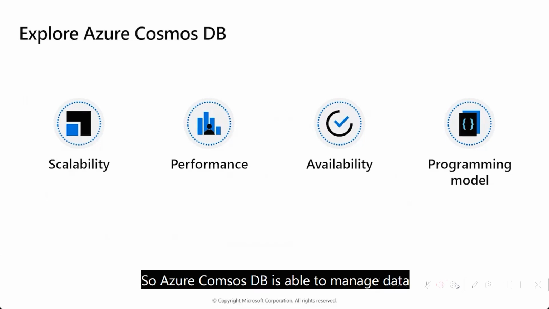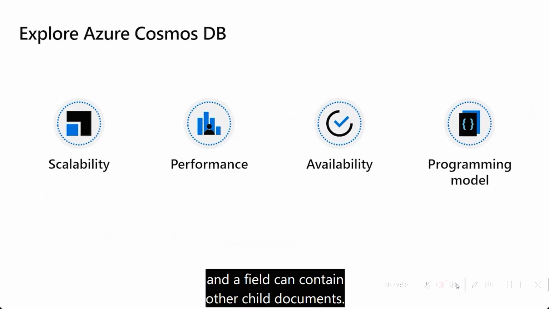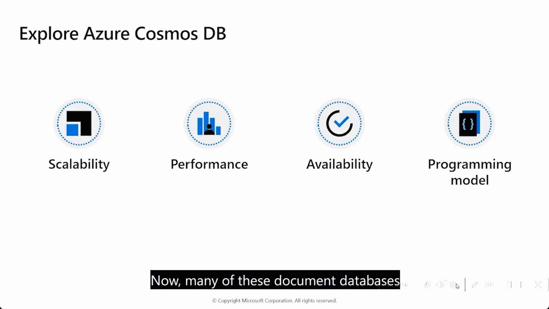Azure Cosmos DB is able to manage data as a partitioned set of documents. Now, a document is a collection of fields, typically identified by a key. The fields in these documents can vary, and a field can contain other child documents. Many of these document databases use a format called JSON to represent the document structure.